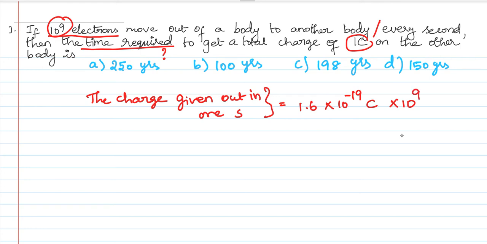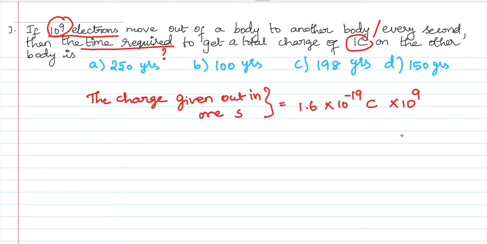This is what you are studying, like Q is equal to n e. You can relate with that and proceed. Here n is 10 to the power of 9, and the e value is 1.6 into 10 to the power of minus 19 coulomb. That is why we write this step in this manner. So for 1 second this much value is in our hand. Now what are we supposed to find?